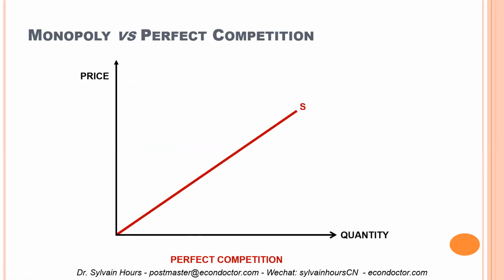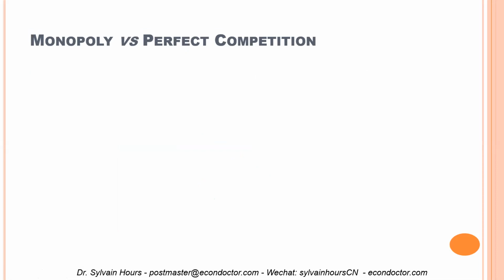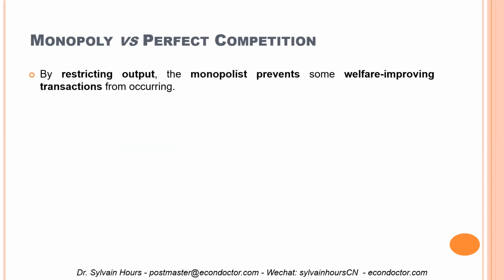Let me summarize these ideas here. Why is this the case? Why do we have a deadweight loss in a monopoly? Simply because the monopolist is going to use its market power to raise the price above the competitive level, leading to a lower level of output.